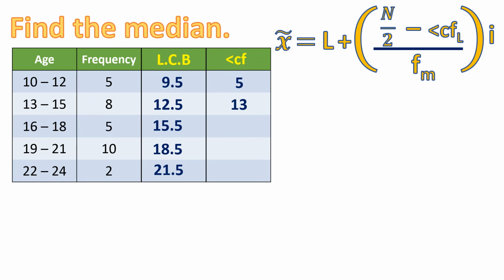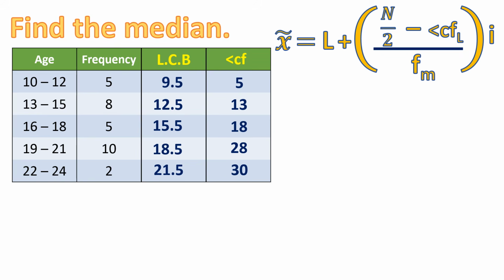Then 13 plus 5 is 18. Then 18 plus 10 is 28. 28 plus 2 is 30. So this is the less than cumulative frequency.